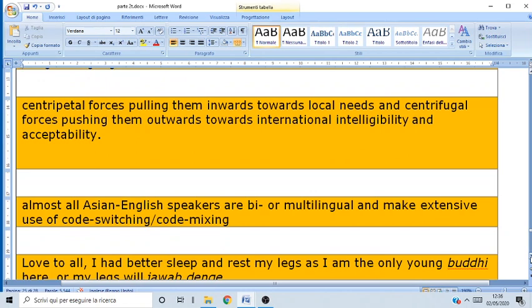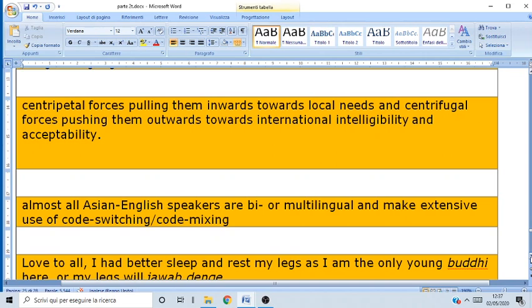So all these communities, especially the Asian English communities, are pulled inwards. There are some forces that pull them inwards, meaning that they want an English that can satisfy local needs.